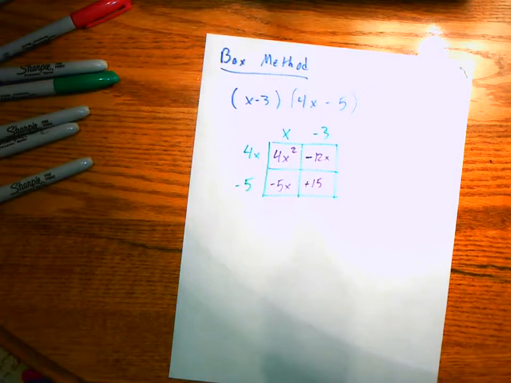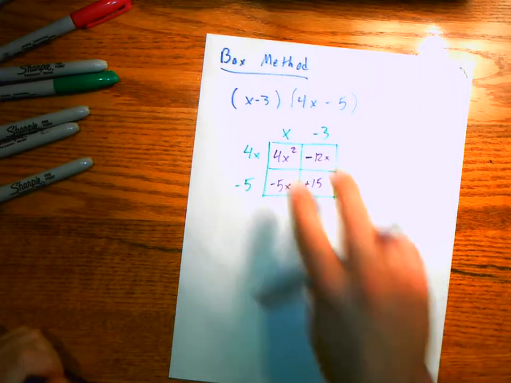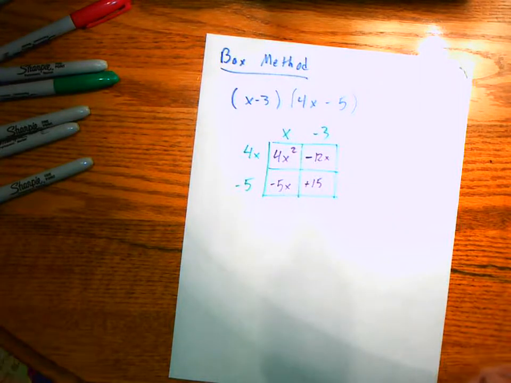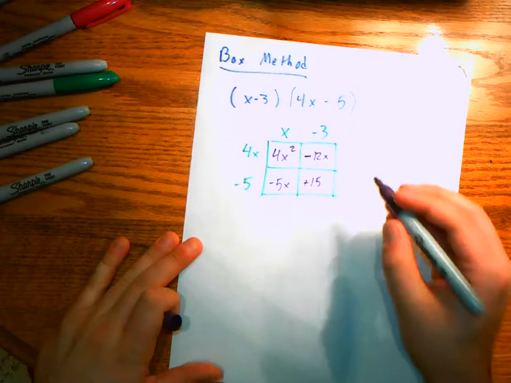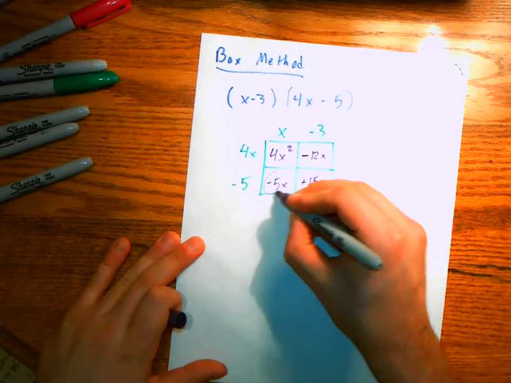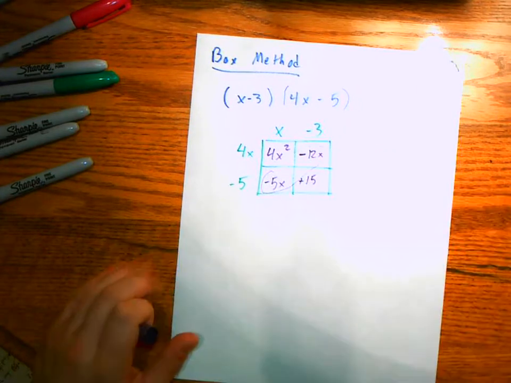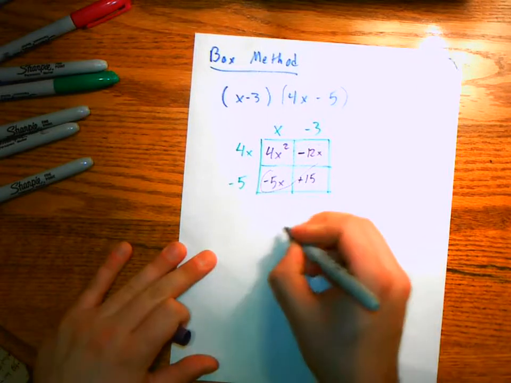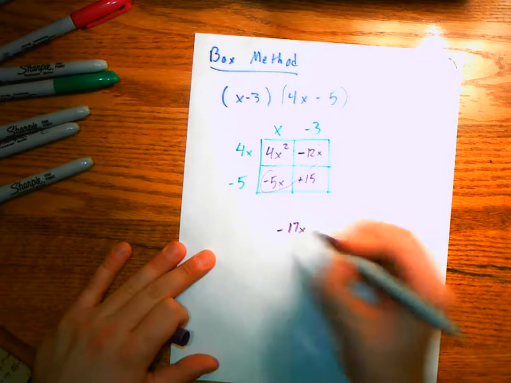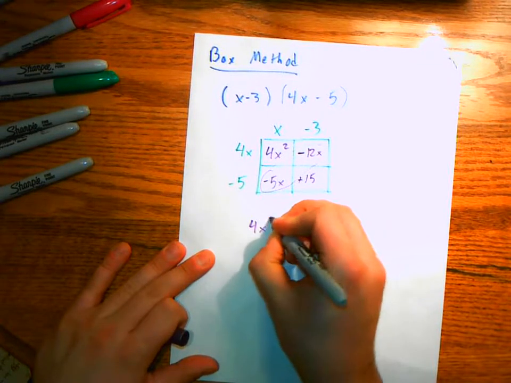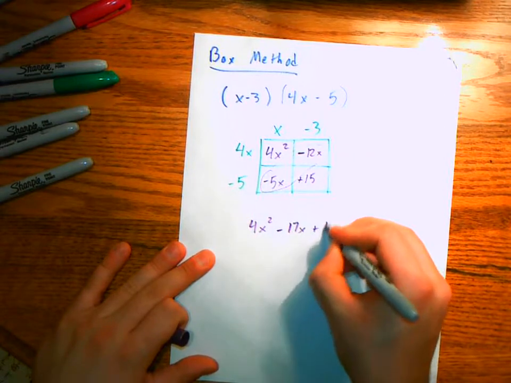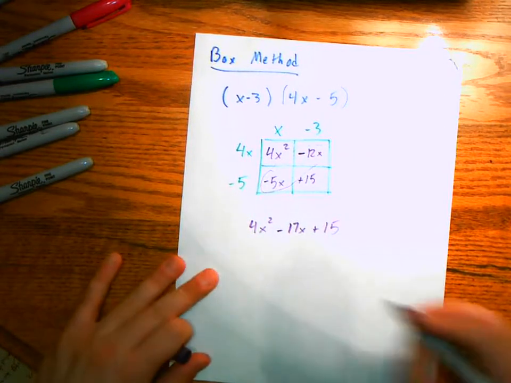Now you take all the terms inside this box and you combine the like terms. Depending on the order that you wrote them in, they may not always be in certain places of your box. And in this example, our like terms are the negative 5x and the negative 12x. So when you combine those together, you get a negative 17x, and you have a 4x squared in the top left box and a positive 15 in the bottom right hand box.